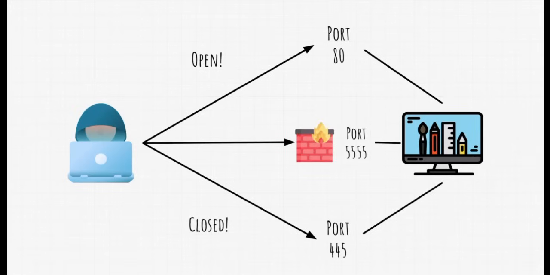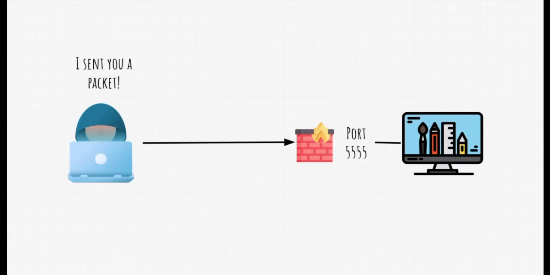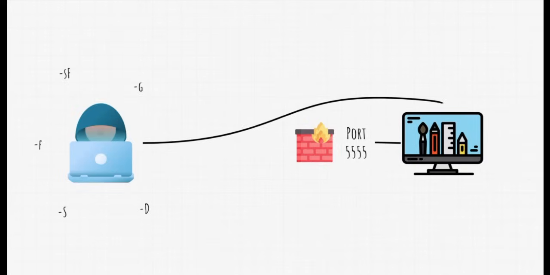Once we scan them, it will tell us those ports are filtered, which we know means Nmap can't figure out whether that port is open or closed. What this means is that we're sending packets to that target, but their firewall keeps dropping those packets. In this section, we're going to see what Nmap options can help us in bypassing this. Let's get straight into it.